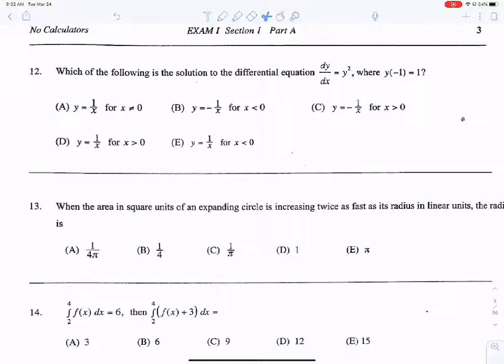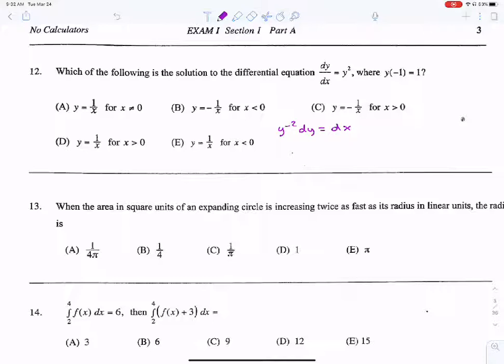So in this case, I think you guys would agree, and let's hope I have room here. I'm going to say dy over y squared equals dx. Actually, just to save room, I'm going to say y to the -2 dy equals dx.